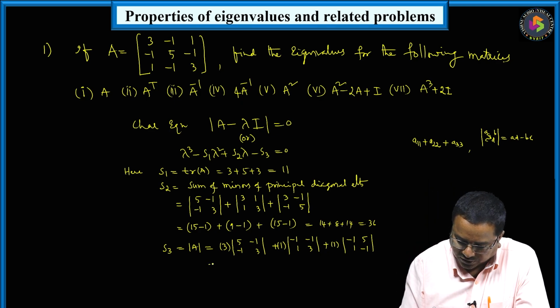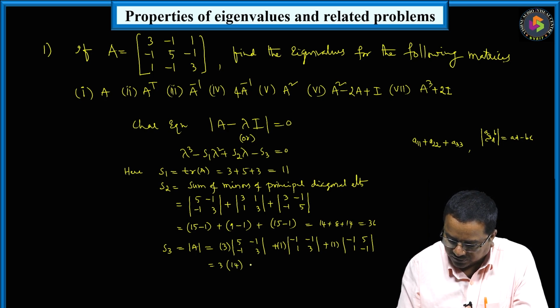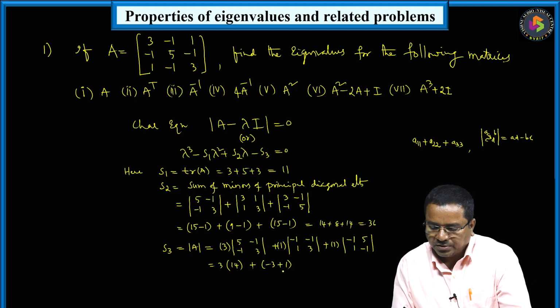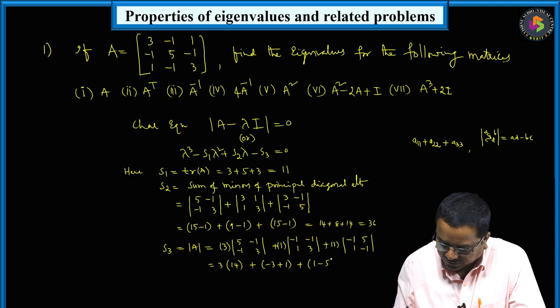Now we can do this one. 3 times, this is 15 minus 1, which is 14. This is 1, this is minus 3, so plus 1. Minus 3 plus 1. This is 1 minus 5.